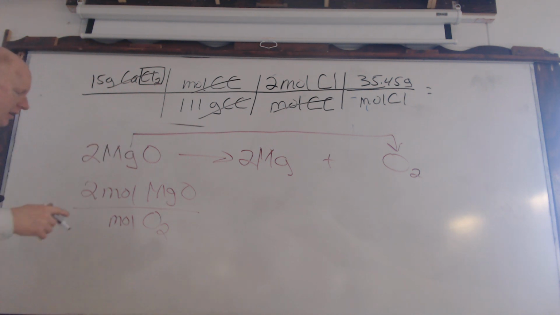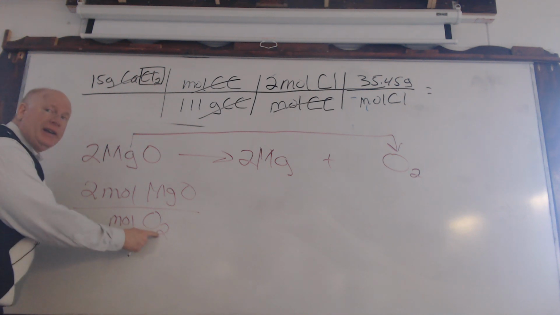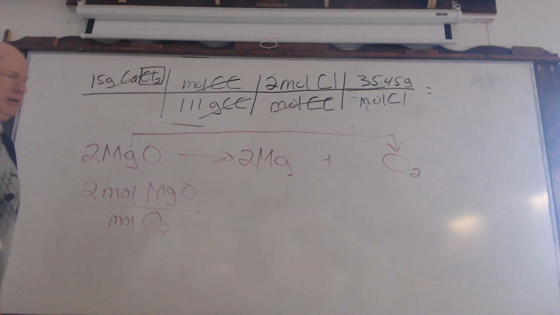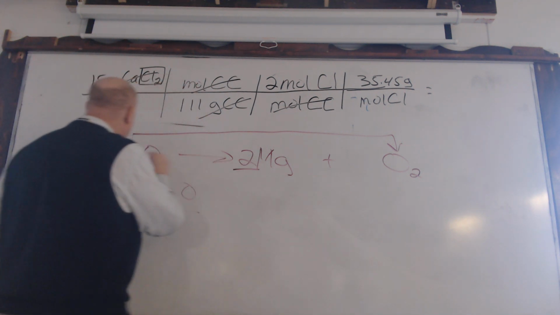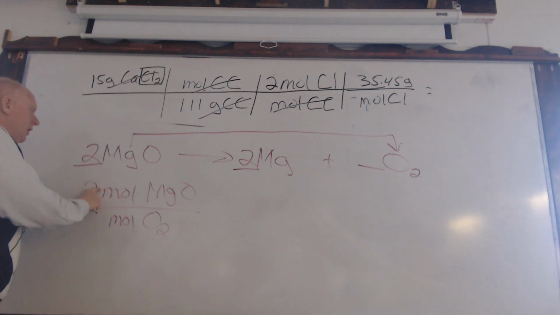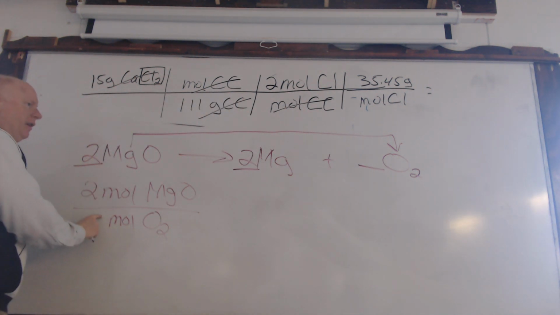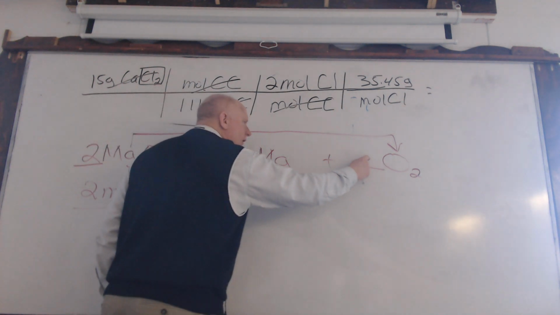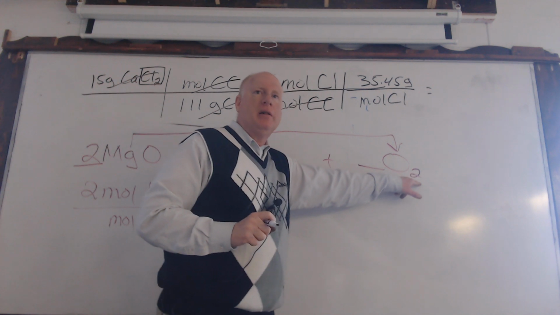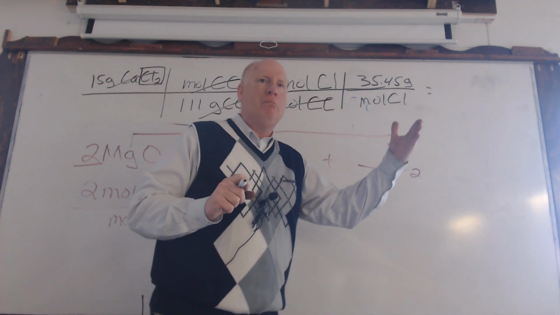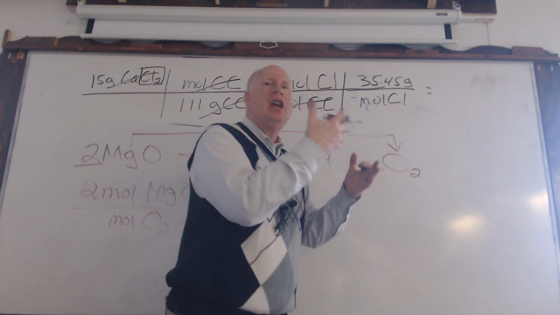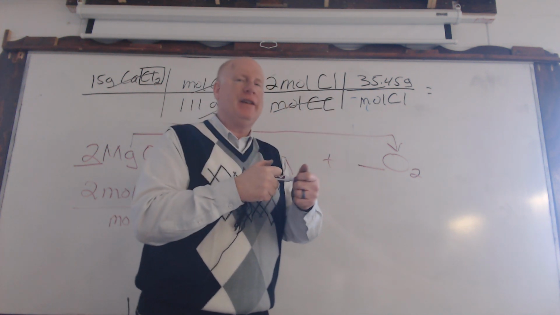Because you're getting that 2 from this guy, right? Now, when we're talking about mole ratios, we have to be concerned about these guys now. They're up front. So that's where that 2 comes from here, and why we don't put anything here, because there's a 1 there. The reason that we had you put that 2 there last semester was so that you didn't forget to multiply that by 2. So we're changing it just a little bit for your benefit. Okay.